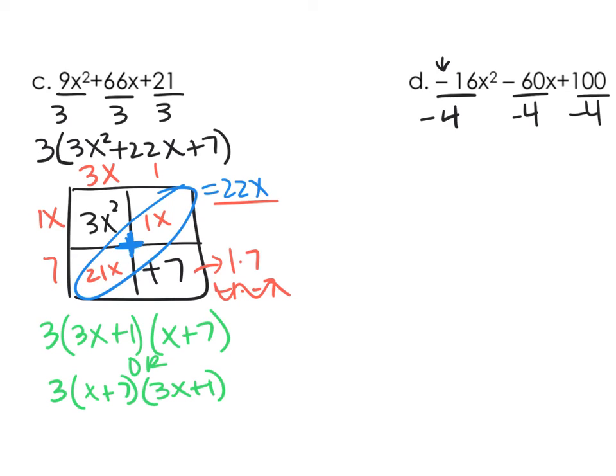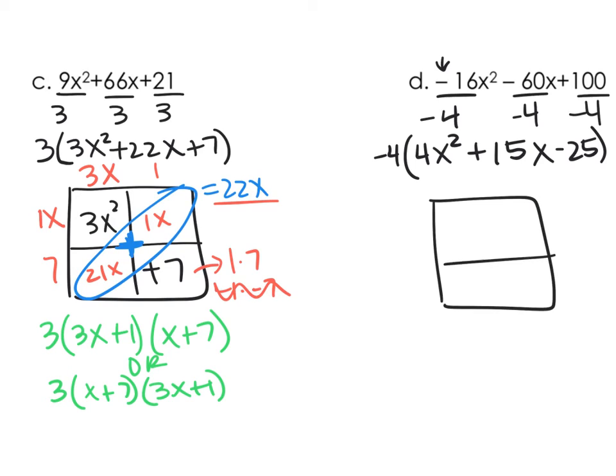So I'm gonna take a negative 4 out. So that's gonna leave me with a 4x squared, a 15x, and a negative 25. So I always want to see if I can continue to factor this with my box for the stuff that's left in parentheses.